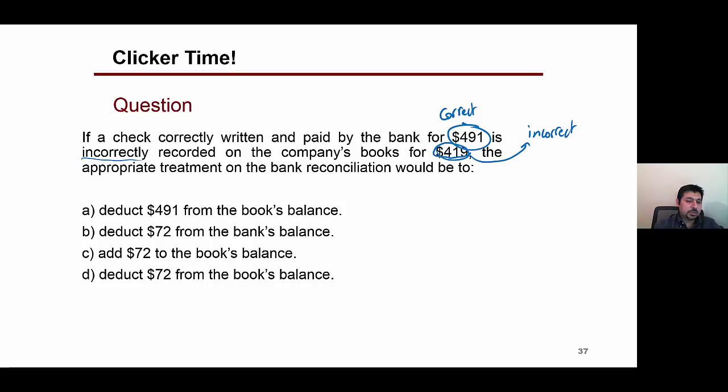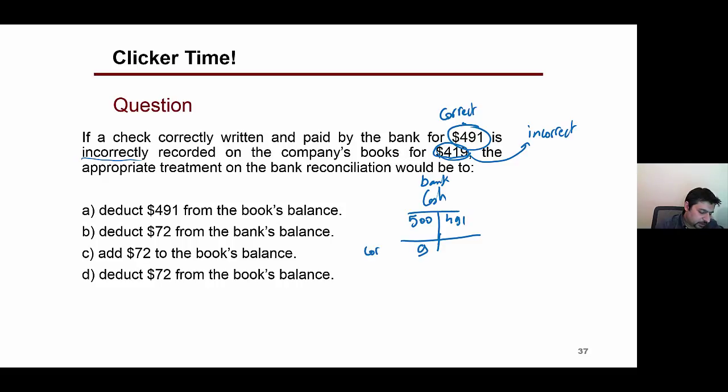Okay, let's do it in the same way as we did before. We assume for simplicity's sake that the beginning balance of cash was 500. So as per bank, cash balance was 500. The bank made a payment for 491, so it decreased by 491, and the balance would be $9.